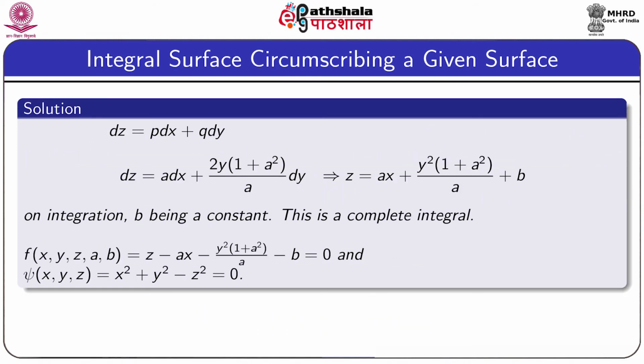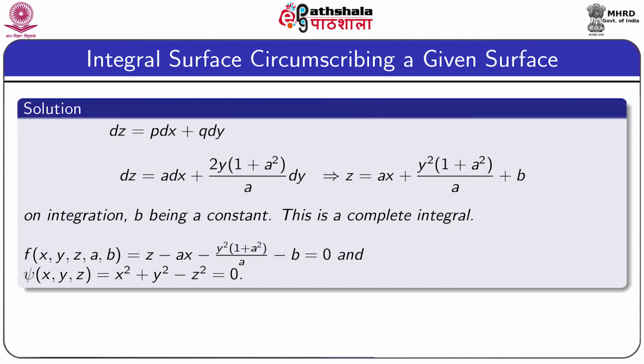Now, using the relation dz = p dx + q dy, substituting the values of p and q, we get a relation between dx, dy, dz, which is written here, and after integrating we get z as some function of a and b, where a, b are two arbitrary constants. So, these represent a complete integral of the given equation.